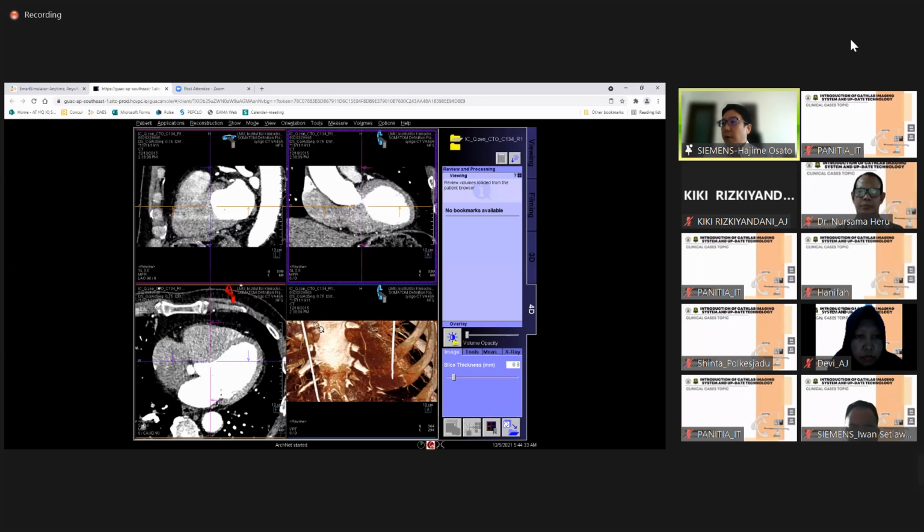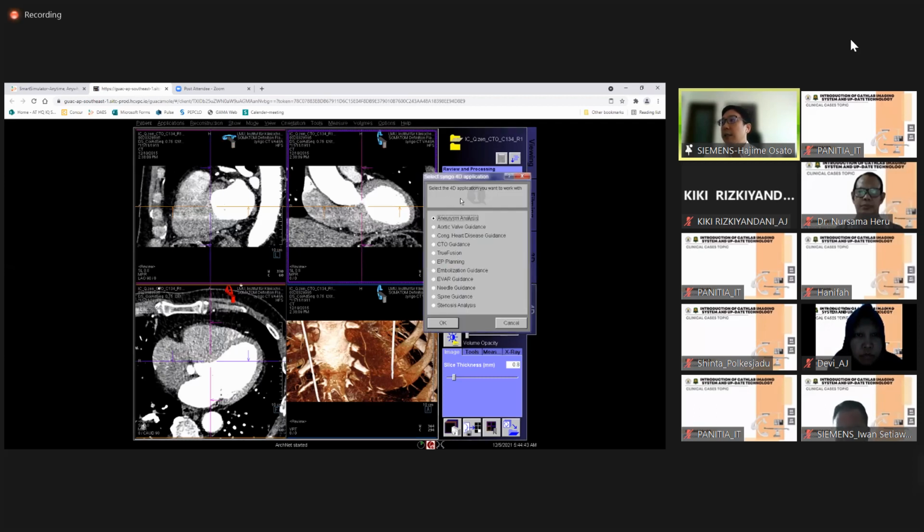You can find the CT image from this one. This slot is a single application software, so we found the CTO guidance like this. Go to OK.